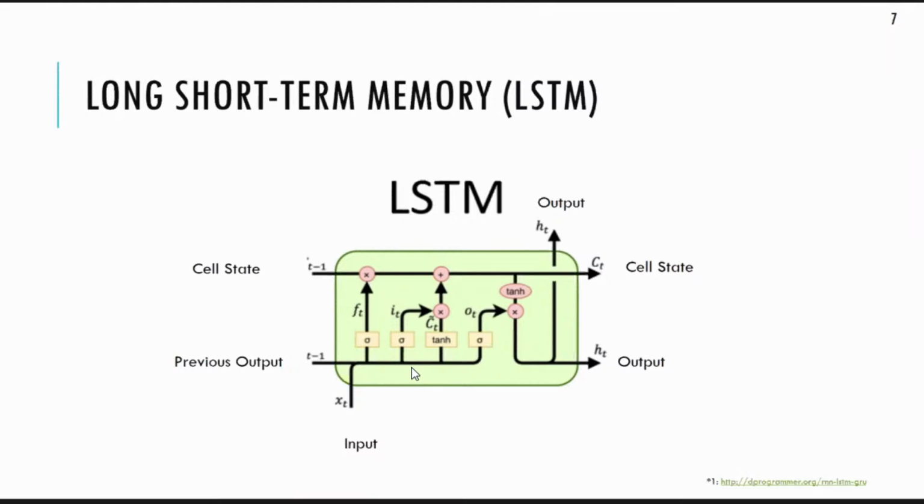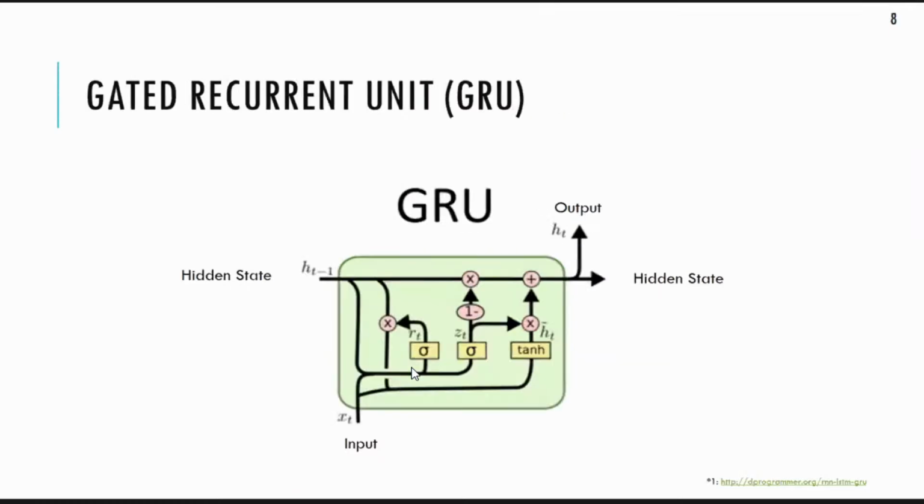To circumvent that, gated recurrent units are introduced, which are a bit more in the middle between both of them. Now we don't have real output anymore. We only have the hidden state, which is the output. So we got rid of this extra state, which we had in the LSTM. But due to some clever gating again, and this one is called the reset gate, and this one is the update gate.